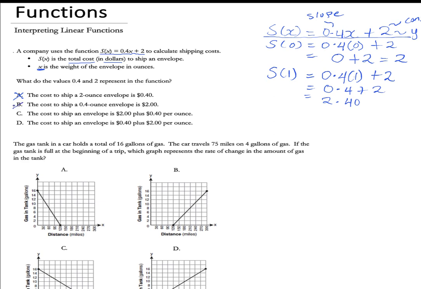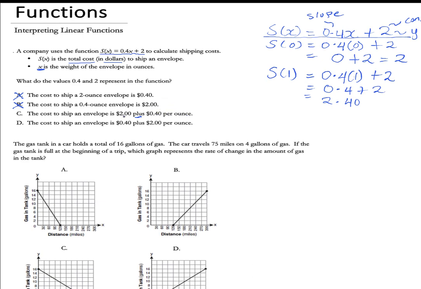That eliminates B. Now C says the cost to ship an envelope is $2 plus, and yes, there's a plus sign in our function, 40 cents per ounce, which is correct.